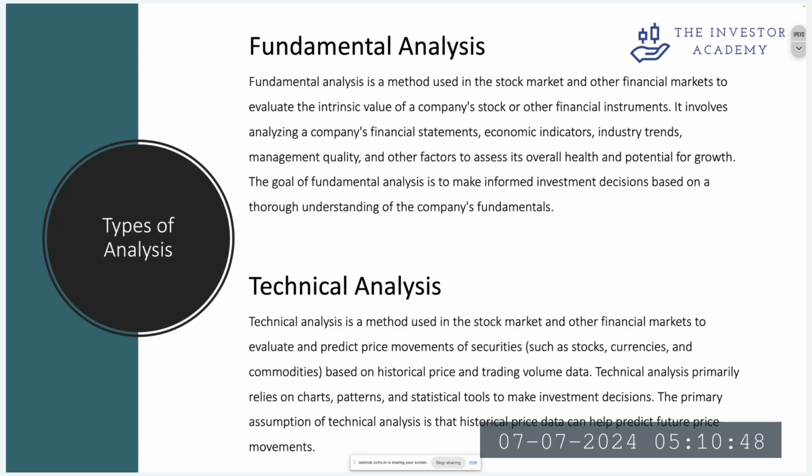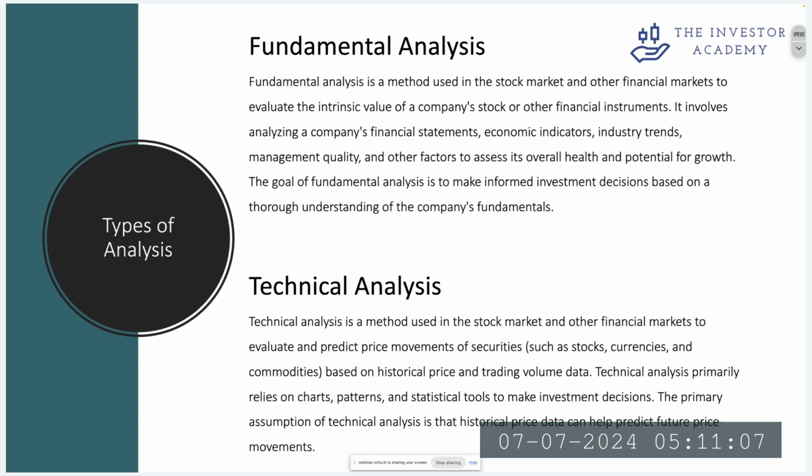So if I think that, let's say, Reliance has a good order book and they are going to grow in the coming years, so probably I'll go and buy Reliance shares, because in that case, the share price will increase and I will have some probability of making a profit.